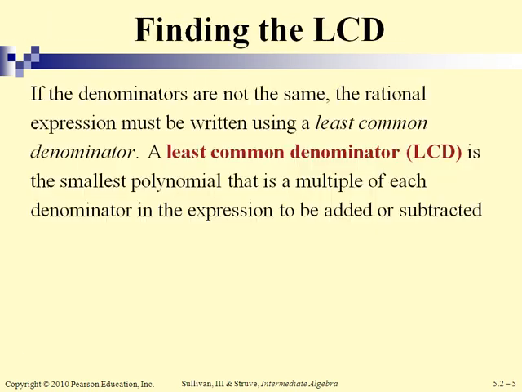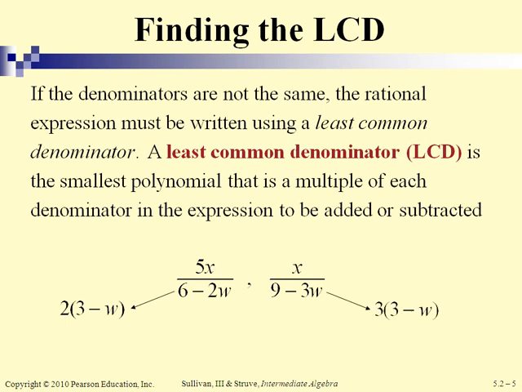If you don't have the same denominator, you need to find what? LCD. What does LCD stand for? Least common denominator. So, for example, these two expressions, they have different denominators. So you need to find the least common denominator. How? You try to factor the denominator. So factoring this denominator is 2 times (3 minus w).